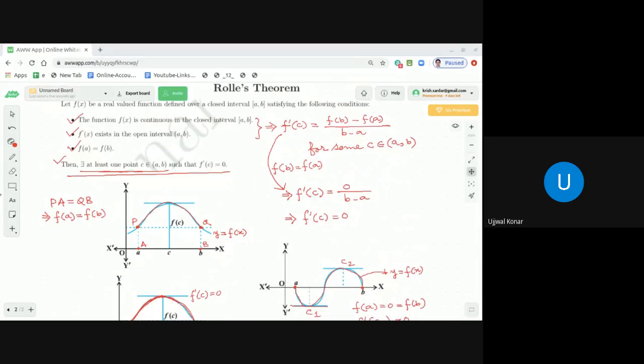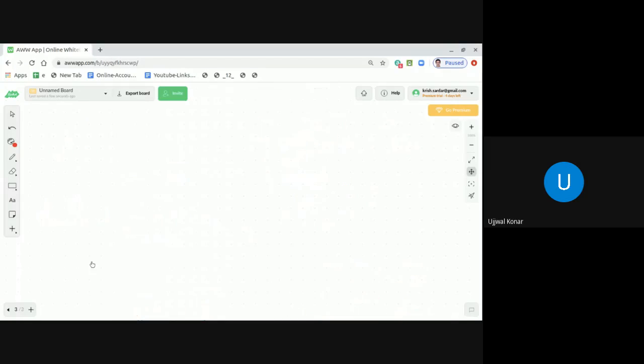Now, dear students, I am going to give you the next theorem, the last theorem as far as the mean value theorems are concerned, and that is known as Cauchy's mean value theorem. I am going to discuss that in the next topic. So Cauchy's mean value theorem, dear students, is something like this.